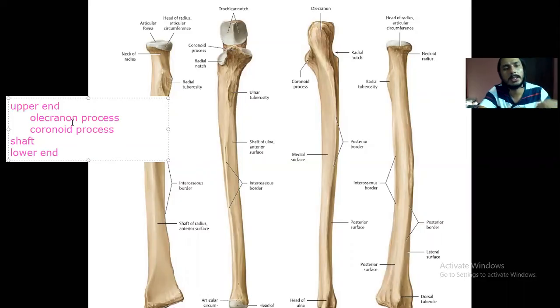Mainly these two processes you will see, and you will find two notches, the radial notch and the trochlear notch also. That I will explain after this.